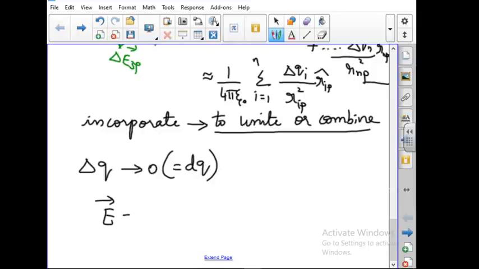E vector is equal to 1 by 4 pi epsilon naught, and this summation will become an integration, integral dq by r squared into r cap.